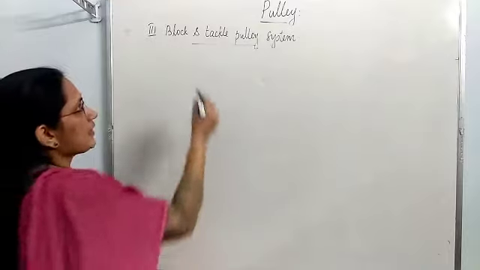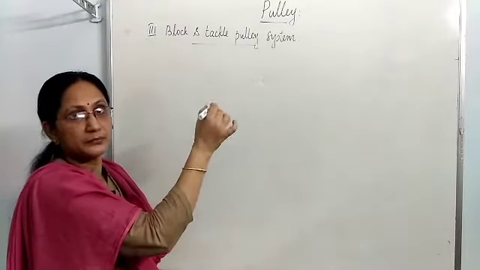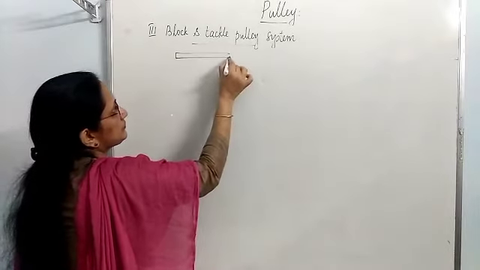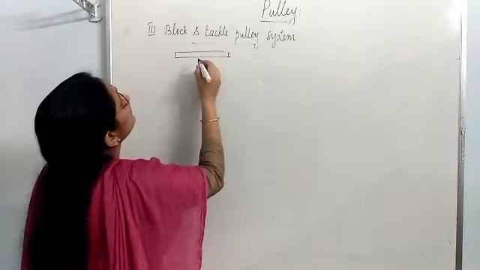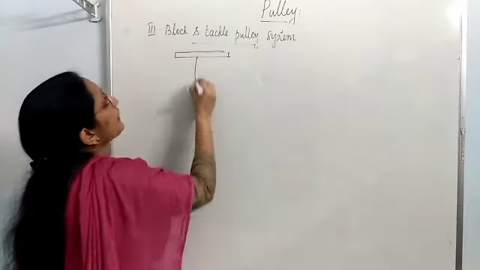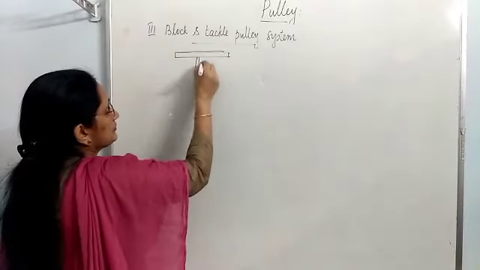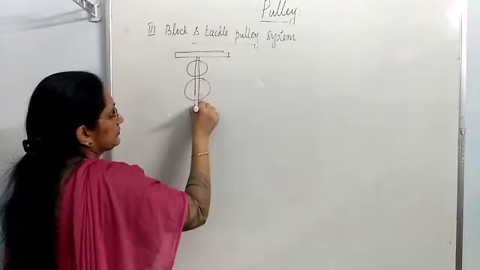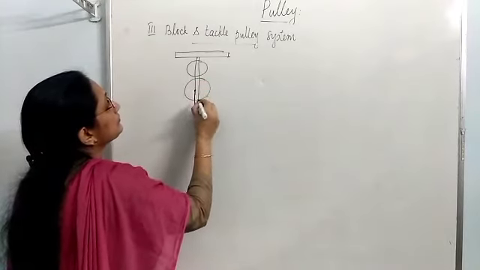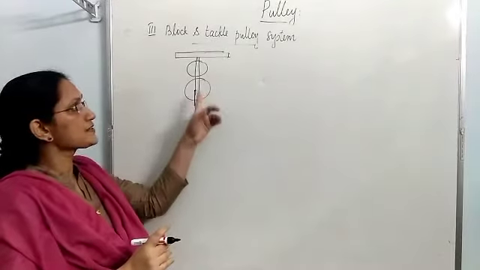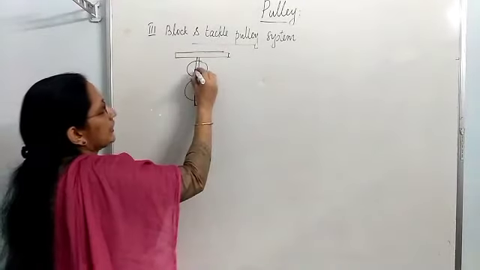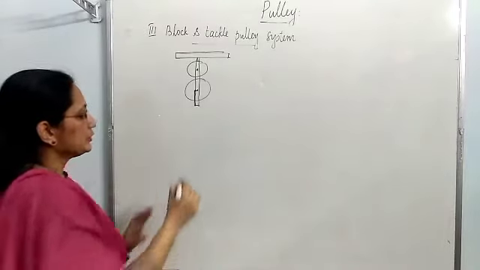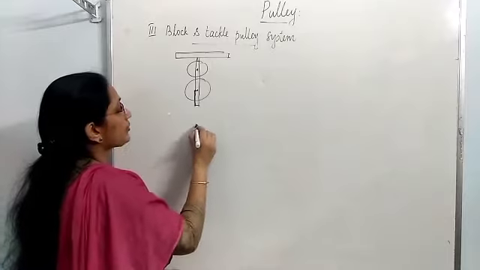And see how they are joined from a rigid platform. Pulleys on a single frame can rotate around their own axis. Then similarly, two pulleys in another block.